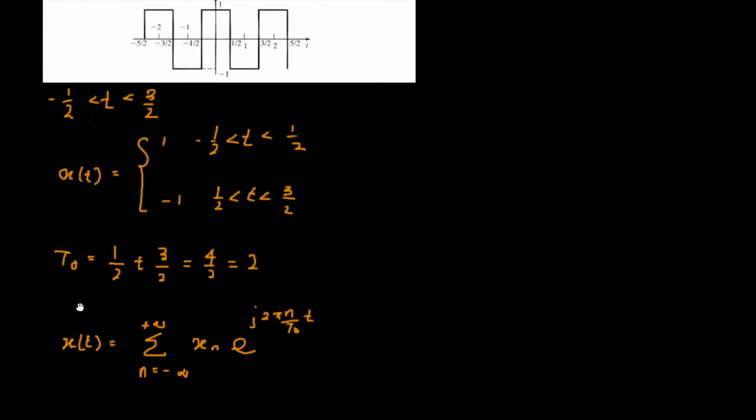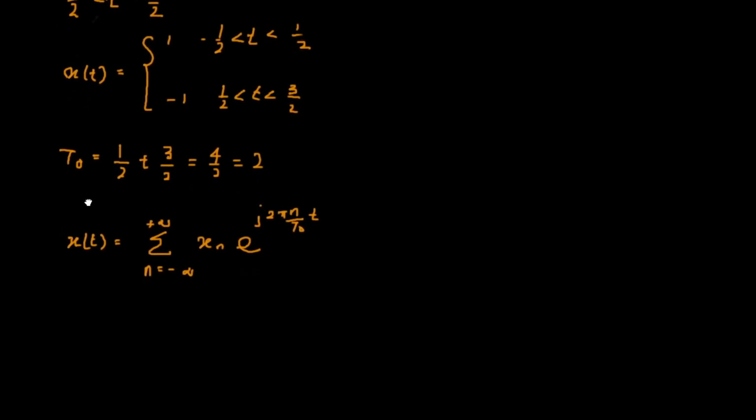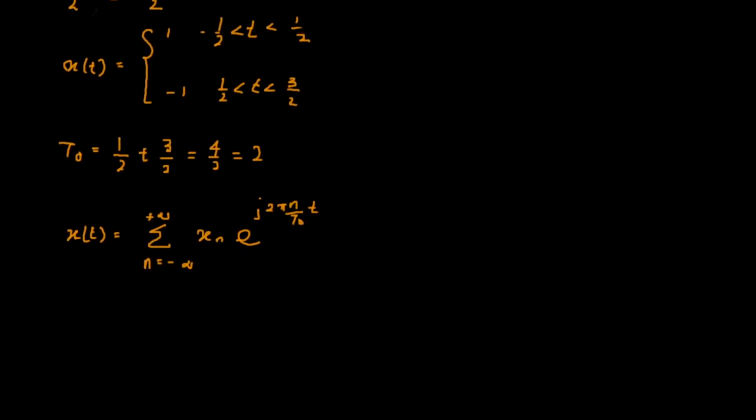This is where we need to do the integration. The X_n by formula is given as 1 over T naught, integral from alpha to alpha plus the fundamental period. It does not necessarily always have to start from 0, which is why we put alpha.